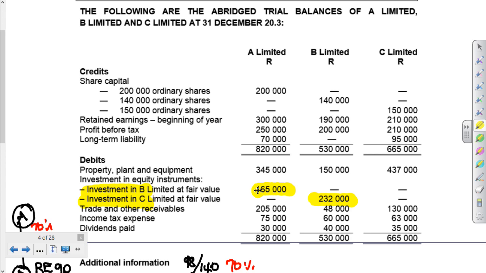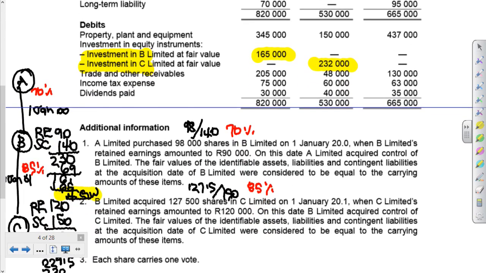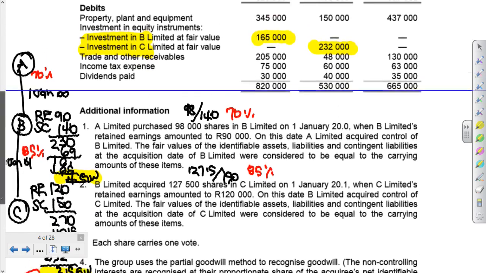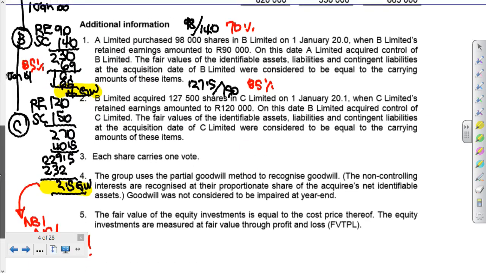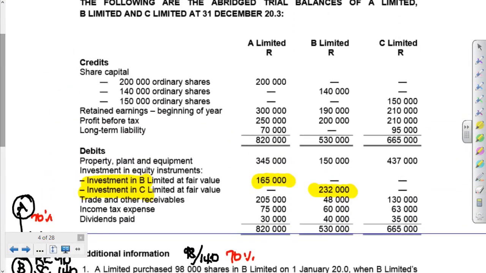If it was a horizontal group, where A owns both of the subsidiaries, then the 2 numbers would both be under A's trial balance. So when we see this cascading effect, we know that we have not got that situation. What we've got is a vertical group, which looks like this: A, B, C. I tried to squeeze everything in so that we could see the information here on the side, but we'll work through it like that.